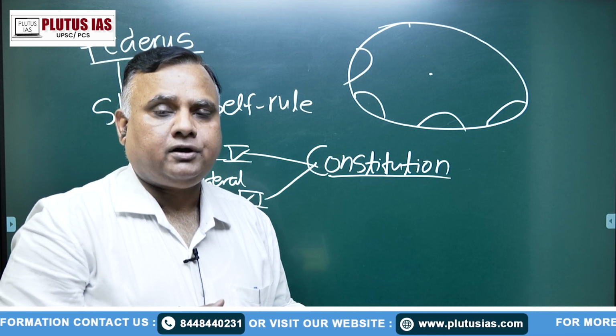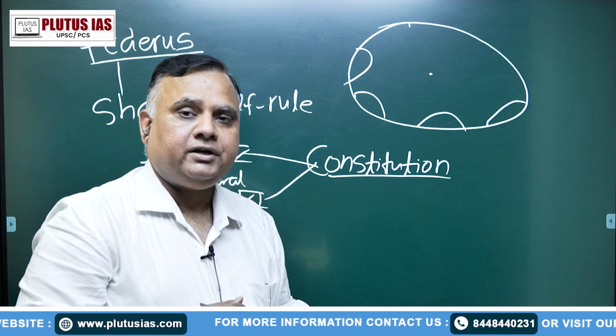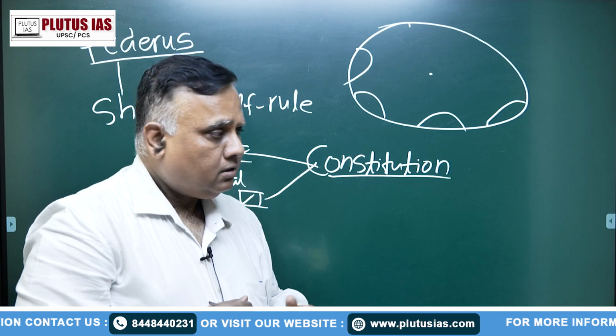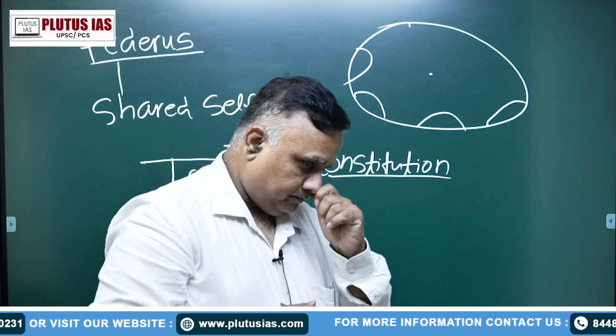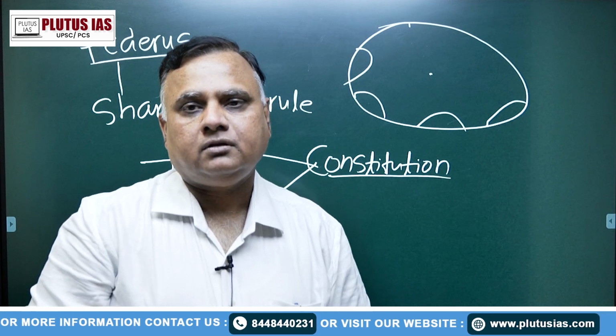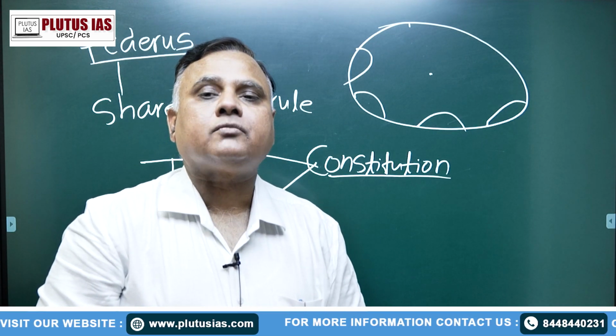India partly follows federal polity: quasi-federal polity, unitary cum federal polity, or federal polity with unitary bias. Because people of Tamil Nadu are closer to the government of Chennai than New Delhi. The seat of central government is New Delhi.